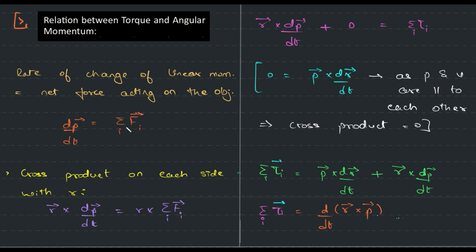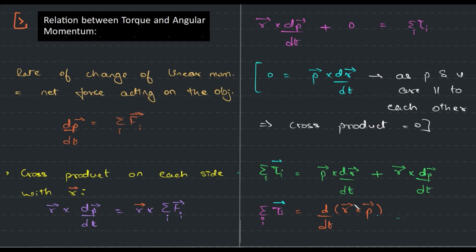So what did I do? I took a cross product on each side with r, in vector form. And r cross force is your lever arm times force, which is nothing but your torque, right? With that basic understanding, I went forward with the derivation.